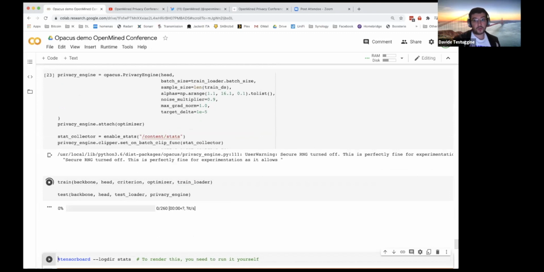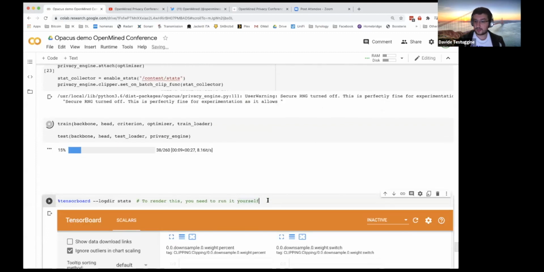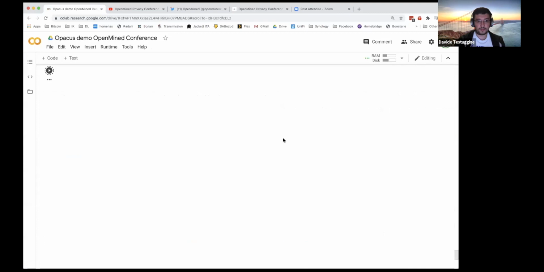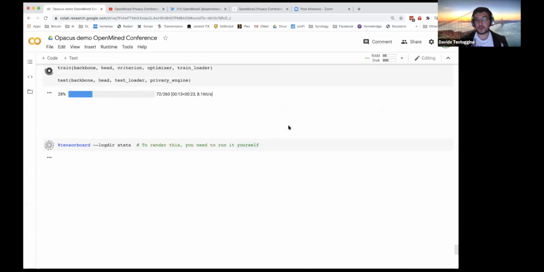Now this will go a bit slower because we're logging a ton of stuff into TensorBoard. But whenever this is done, we're going to be able to learn a little bit more about the algorithm. And of course, this is fully extensible. So if there's something else that you want to log that we haven't thought about, this is something that you can expand.